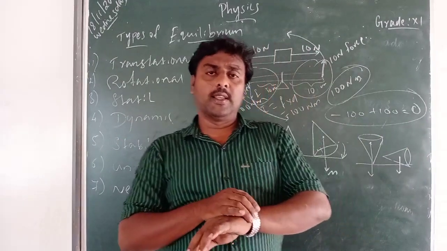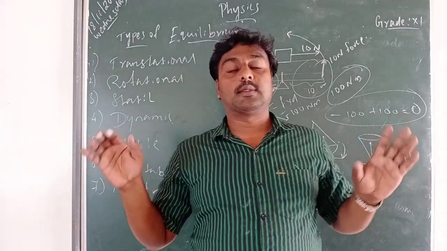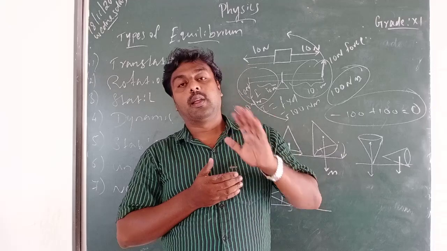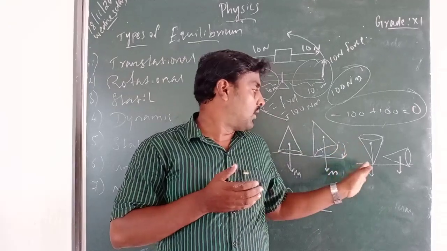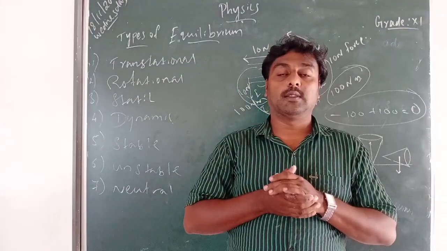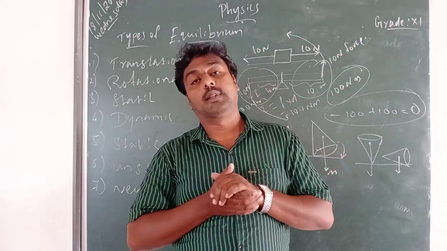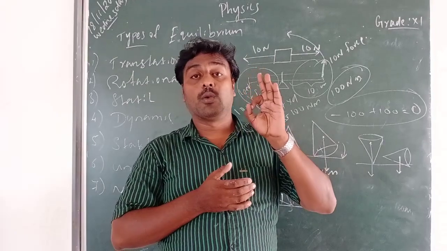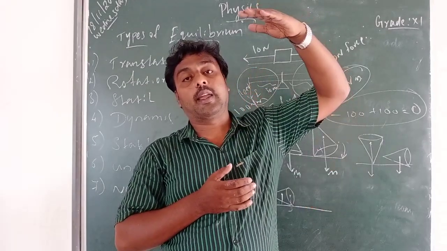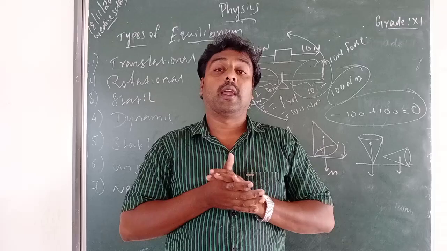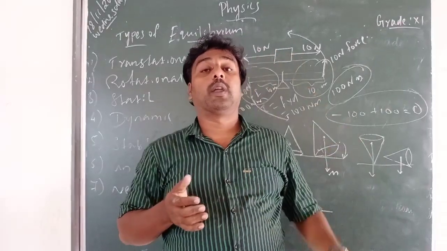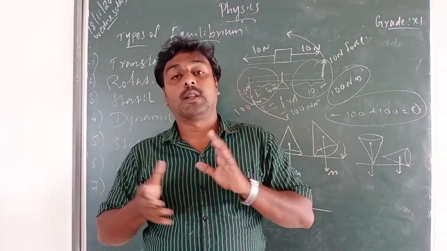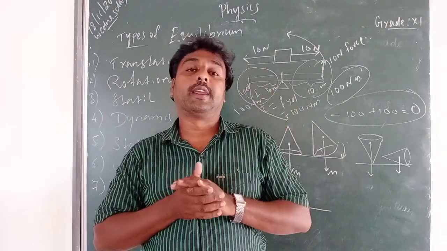In all these three equilibria, what will happen to the center of mass? In stable equilibrium, the center of mass rises higher, so potential energy is also higher. In unstable equilibrium, the center of mass goes lower, so potential energy decreases.